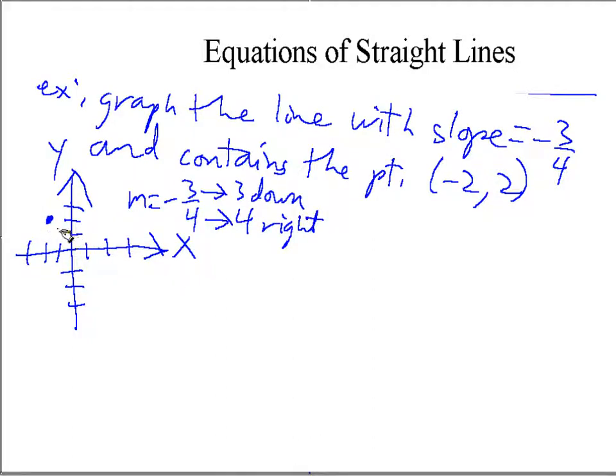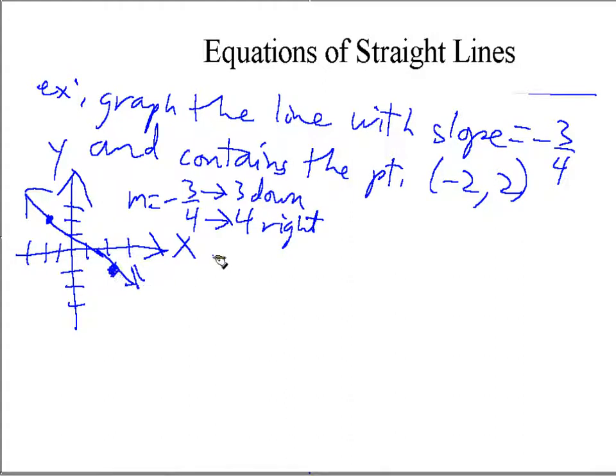I start at negative 2, 2, go 3 down, then 4 to the right, and I end up with this point here. So my sketch looks something like this diagonal line. Sorry, it's hard to draw a straight line on the sketch pad, so bear with me.